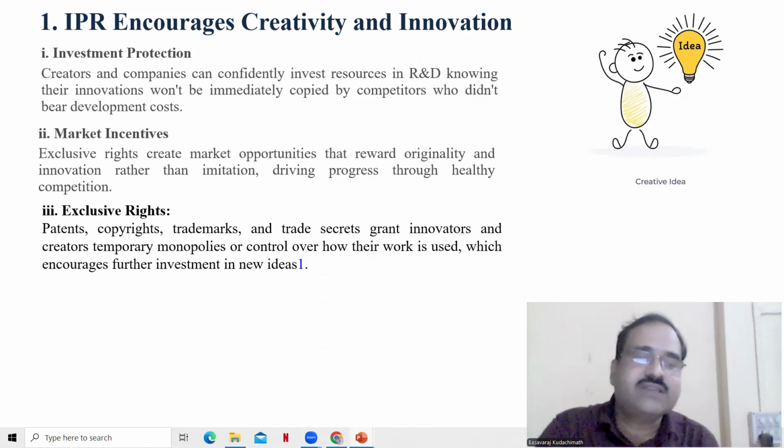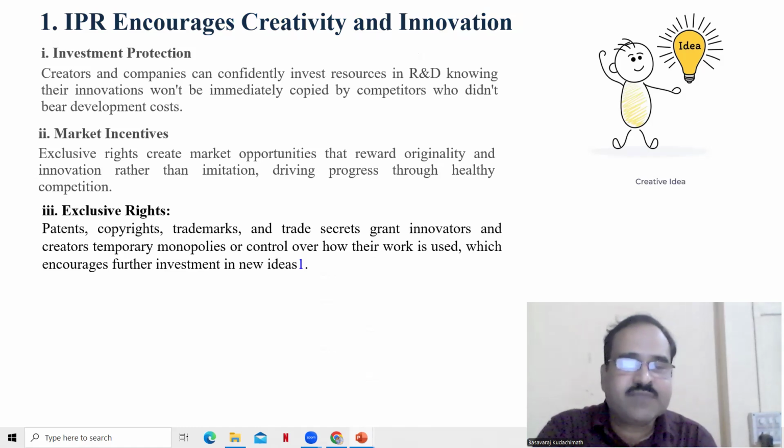The third important one is exclusive rights: patents, copyrights, trademarks and trade secrets. The inventors and creators temporarily monopolize or control how their work is used, which encourages further investment in new ideas. It means that they will understand where to use that particular product.